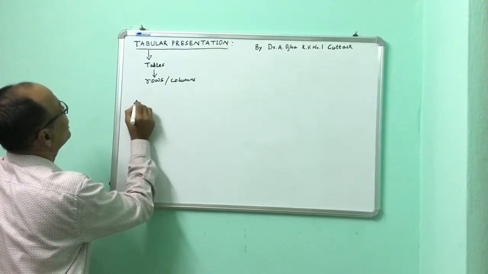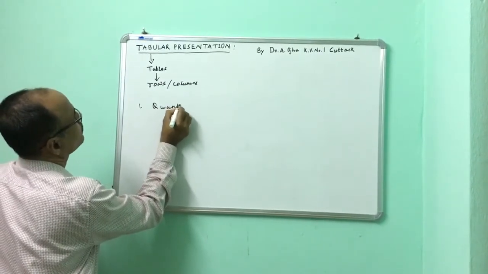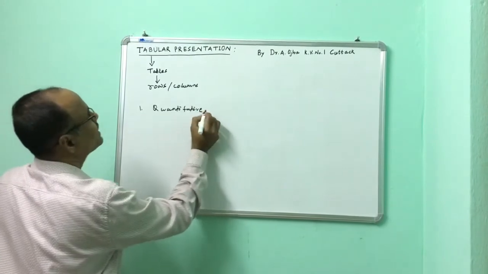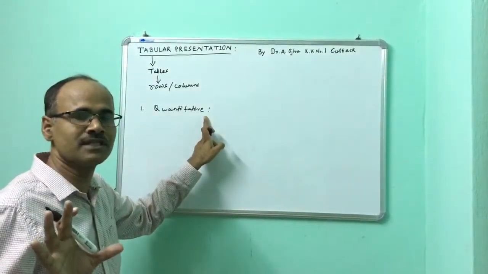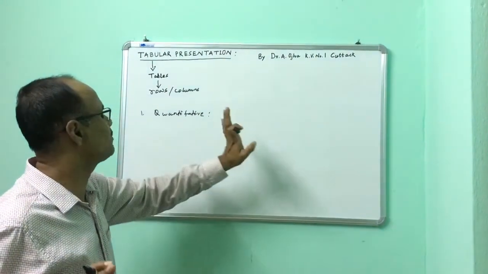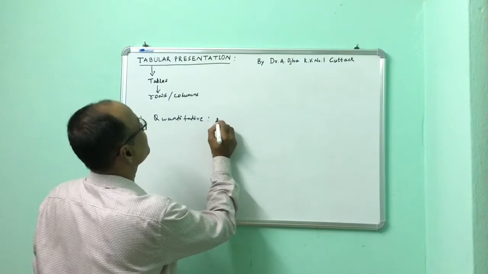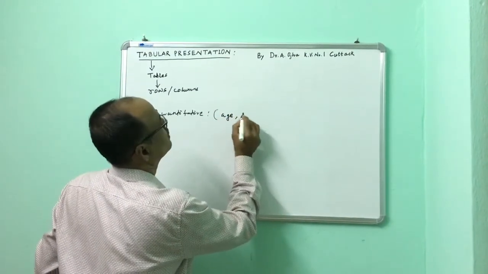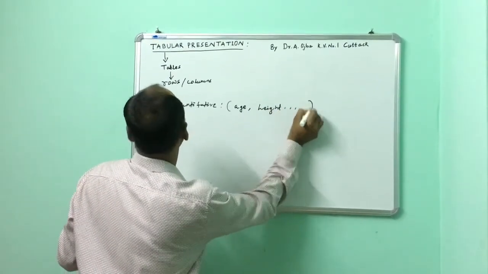One is quantitative. Quantitative classification, or quantitative table, is where quantitative data is given in terms of age, height and so on.